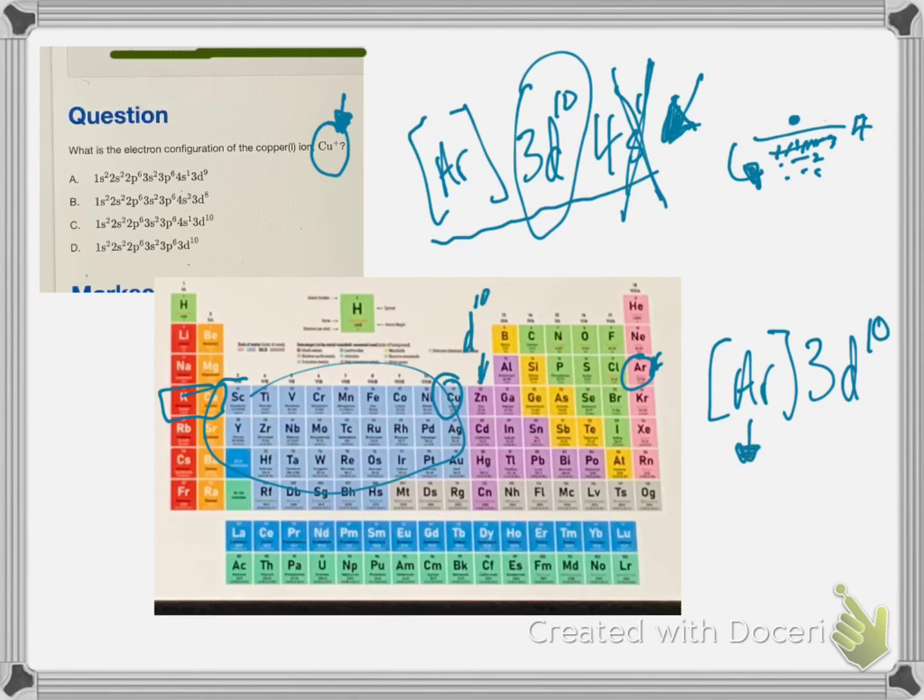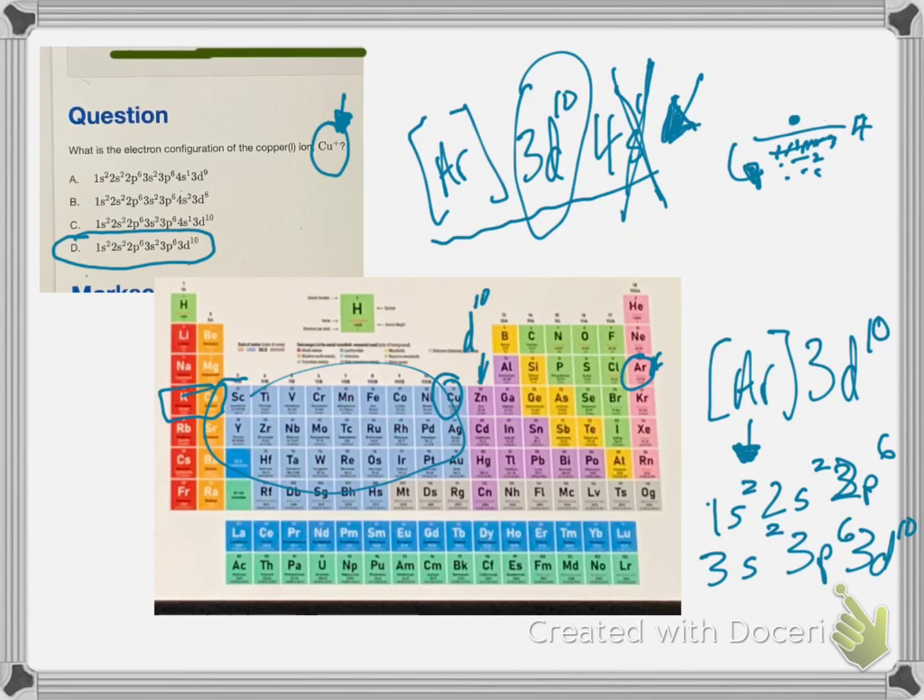The argon configuration is 1s2, 2s2, 2p6, 3s2, 3p6. However, since it's the copper plus ion, it's also 3d10. Now this is the answer. The answer is D. Now let's look at why A, B, C are wrong.